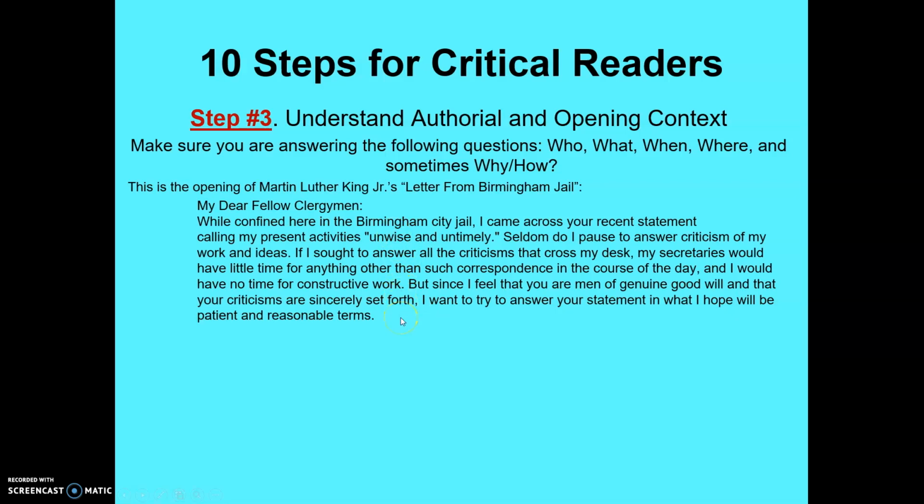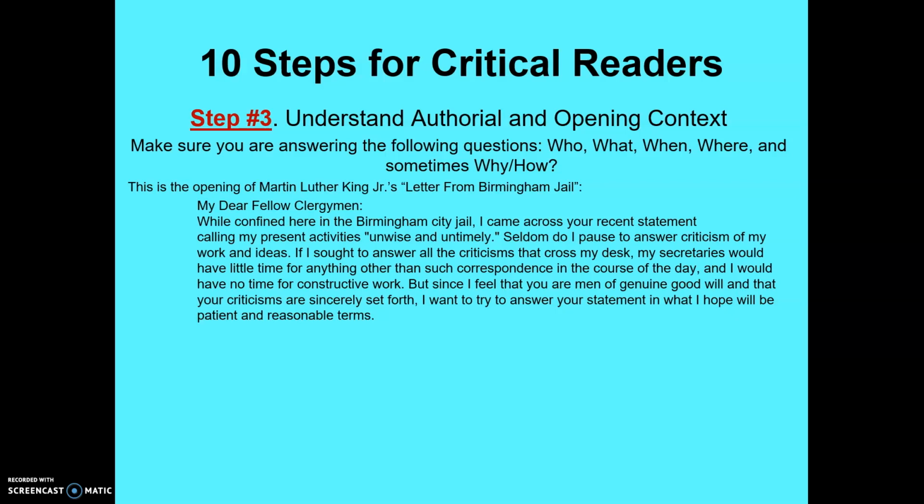He writes, "My dear fellow clergymen, while confined here in the Birmingham City Jail, I came across your recent statement calling my present activities unwise and untimely. Seldom do I pause to answer criticism of my work and ideas. If I sought to answer all the criticisms that crossed my desk, my secretaries would have little time for anything other than such correspondence in the course of the day, and I would have no time for constructive work.